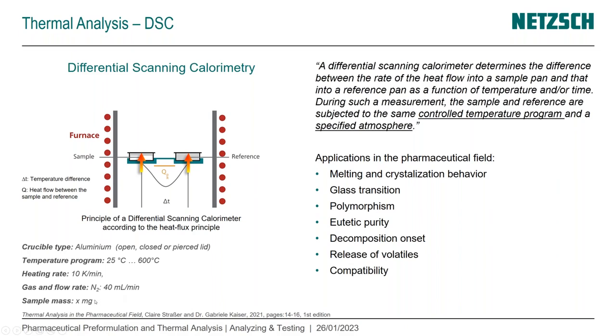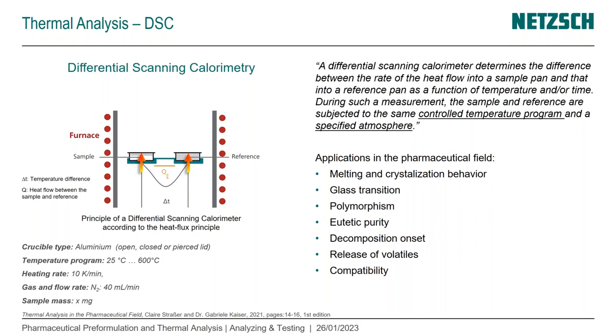And it's important to keep in mind that when we are comparing samples, the masses must be similar. It's not important for the calibration, obviously, but this is important for the comparison of the results.